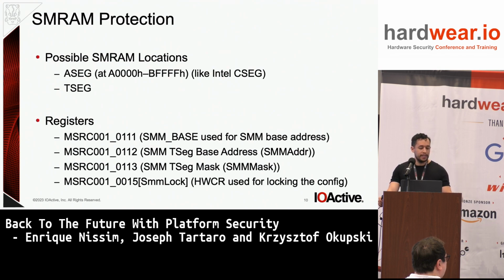And finally, we have an SMM lock, which, if set, prevents these other registers from being modified. This is important. It has to be set so the OS or the hypervisor cannot modify the TSEG base and the mask, disable the protection, and then tamper with it.